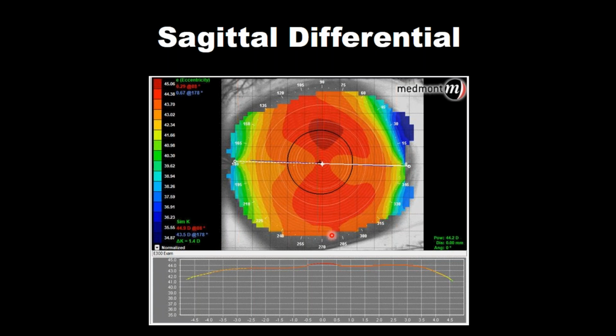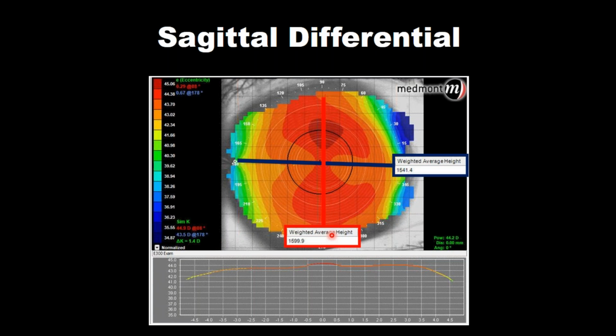If it's limbus to limbus, I might check what is the sagittal differential between those two principal meridians. Subtract the flat meridian from the steep meridian to determine the differential. In this case, this patient has a 58 micron deeper steep meridian, and it's over our 40 micron threshold that we said would typically be able to manage a symmetric CRT lens.